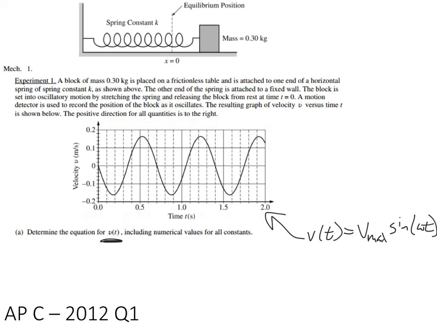That's the basic equation. And recall that omega, the angular frequency, is just 2 pi times the frequency. This is true for all the equations, for position and for acceleration. The only difference would be instead of a sine, it would be a cosine.